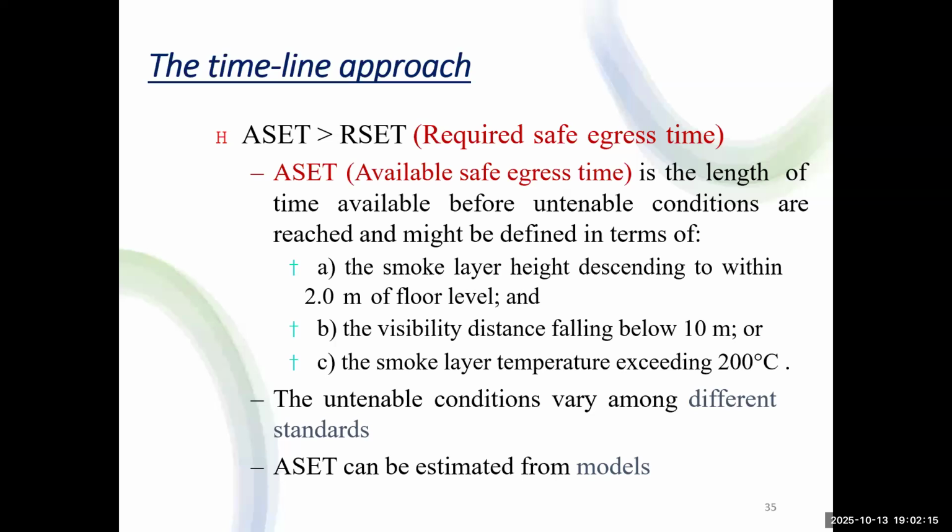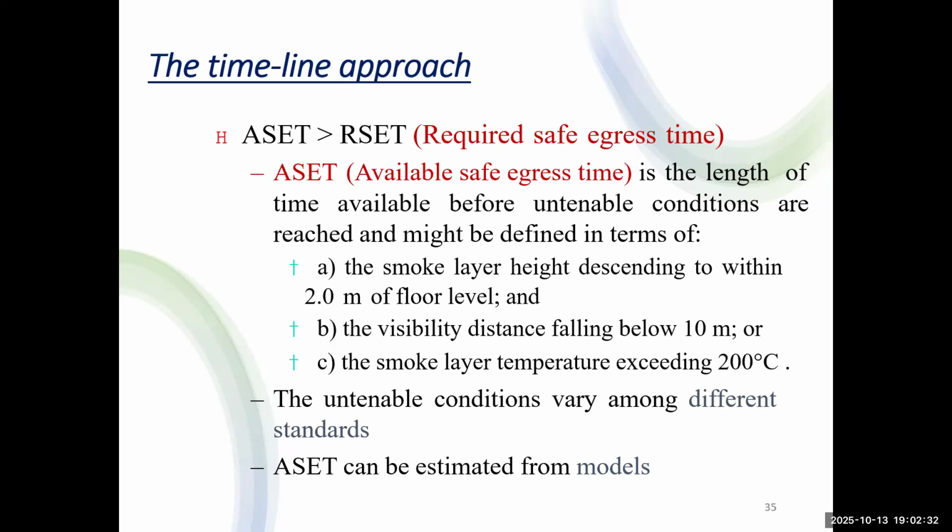So you should take a look at this slide. For life safety to be achieved, the available safe egress time, that is ASET, must be greater than the required safe egress time, that is RSET.